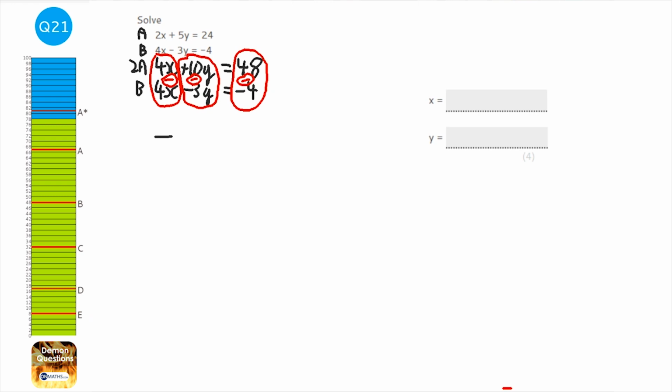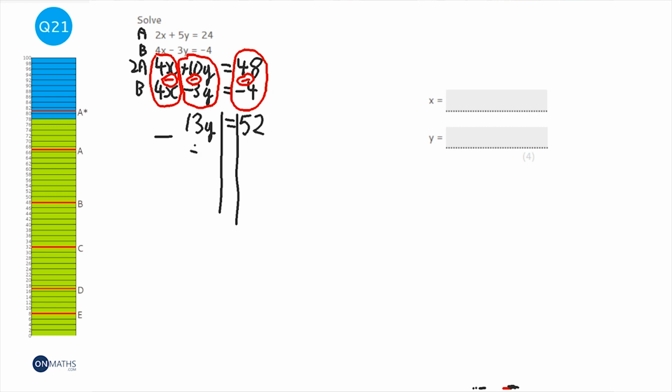Now here we've got 10y minus 3y. Two minuses make a plus, so that's going to be 13y equals 48 minus 4. Again, two minuses make a plus, so that's going to be 52. Let's draw our lines down the side.